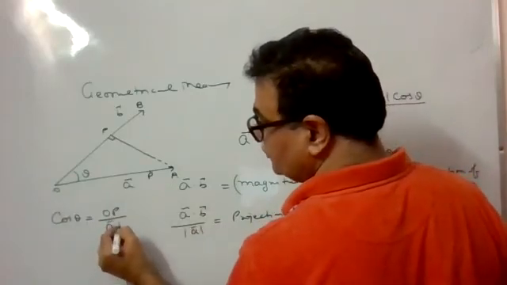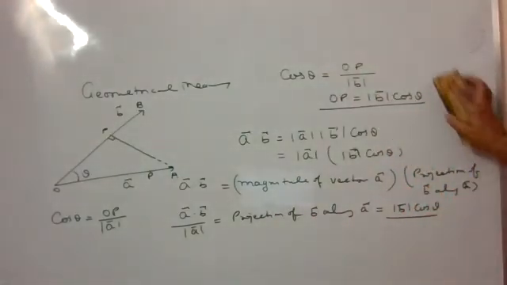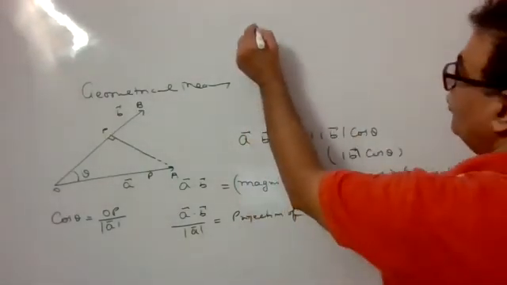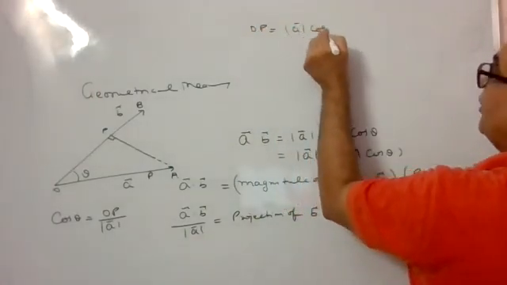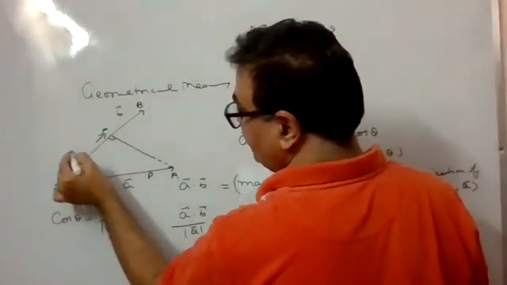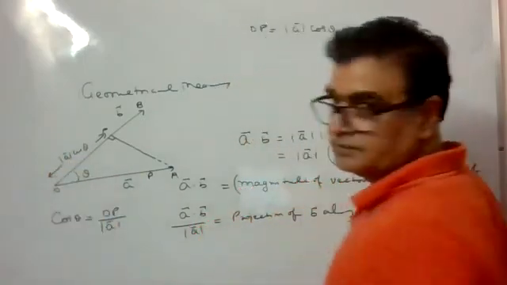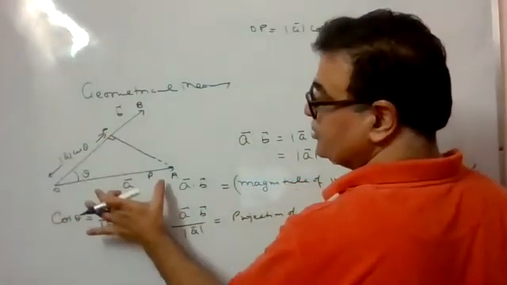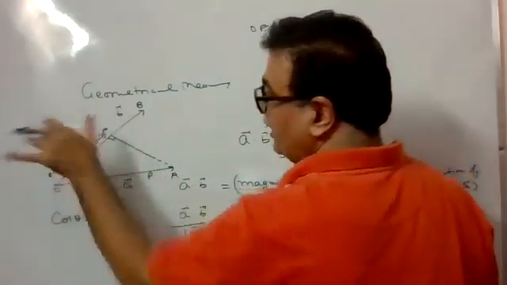OA means magnitude of A. So in the second part, OP will be equal to magnitude A cos theta. And magnitude A cos theta is this part. This is the shadow of A along B, or projection of A along B.